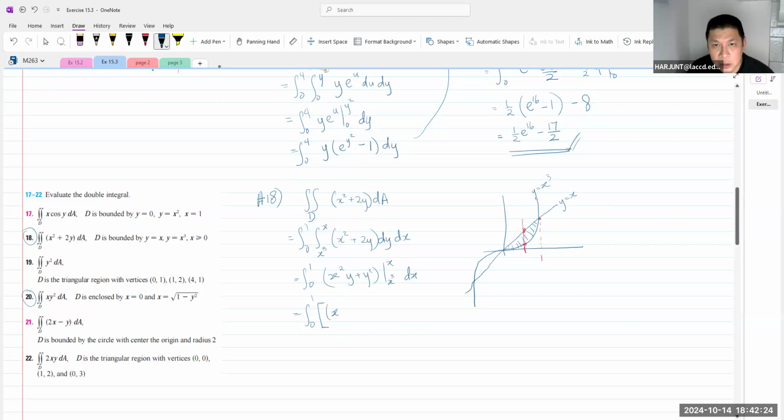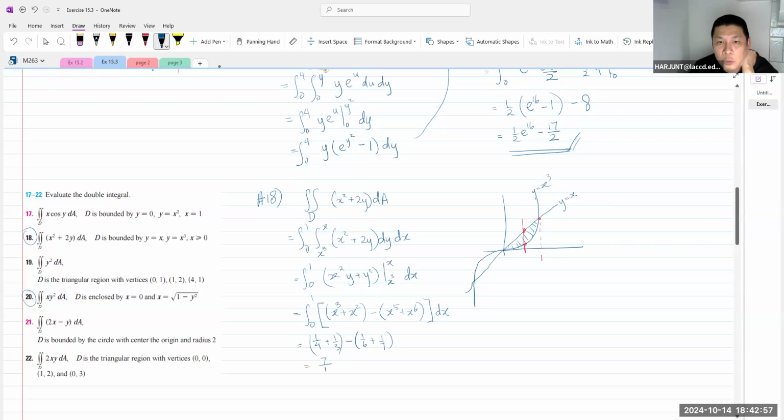This is x cubed plus x squared minus x to the 5th plus x to the 6th dx. This is polynomial from 0 to 1, so it will be just the coefficients. So that will be 1/4 plus 1/3 minus 1/6 plus 1/7.